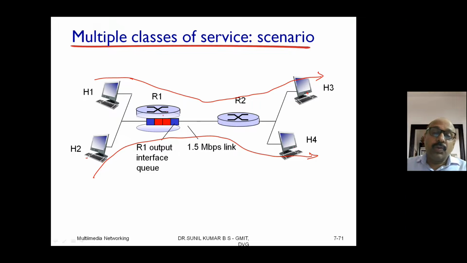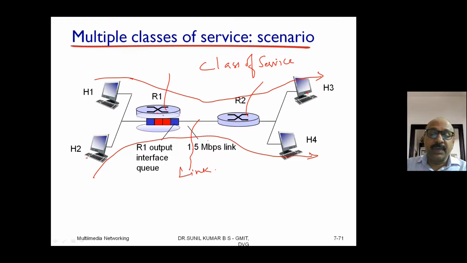The two routers play an important role in defining the class of service. So the service class will vary from router to router. This we call the link.